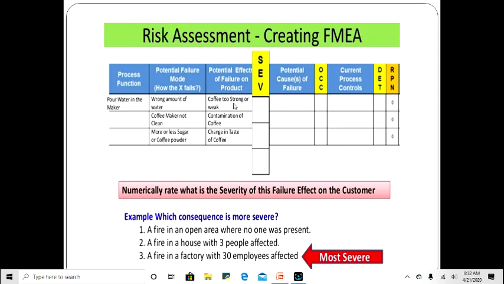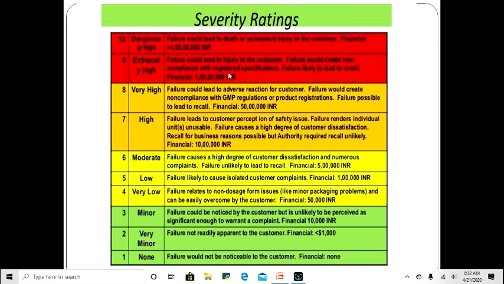So now you're going to grade it. So high means very dangerous. Moderate means medium danger, low means not much risk or not much problem is being associated with that.